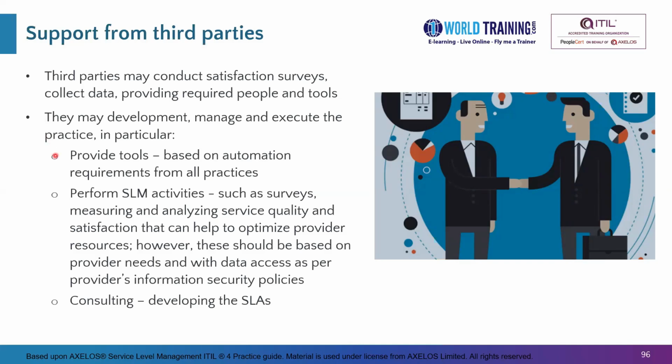So there are a few things in this area in terms of developing, managing, and executing the practice. The first here is that suppliers and partners can provide tools. This will depend on the automation needs of the organization, and they may engage the supplier to provide those tools.